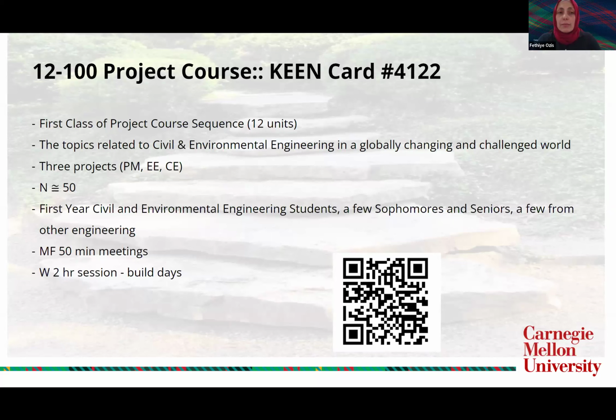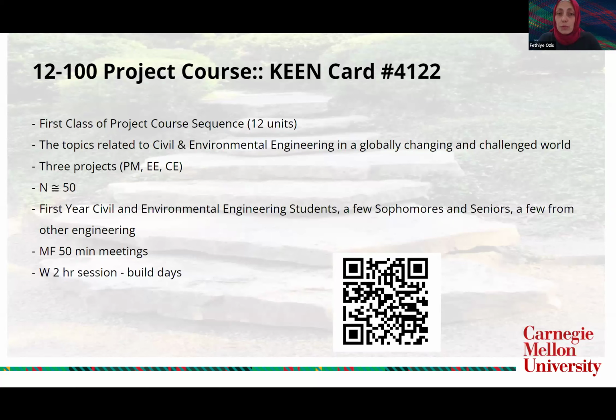I'm going to be talking in detail about what this project is all about, but if you'd like to pursue this even further or get more information, you can also scan this QR code. That's going to take you to the Keen Engineering Unleashed website. Keen is a nonprofit organization that is available for anybody and everybody.